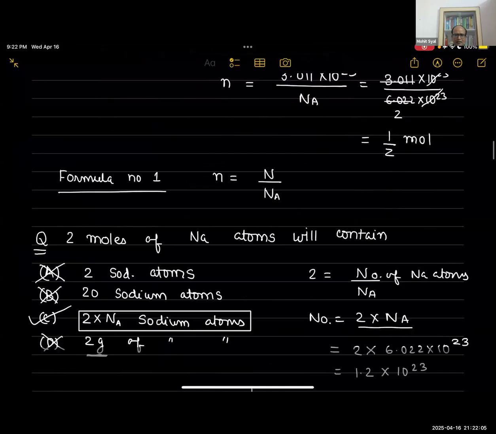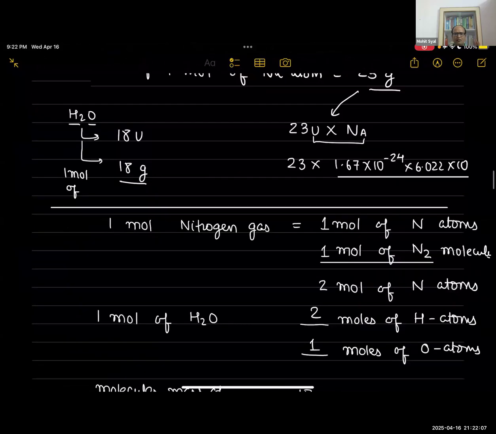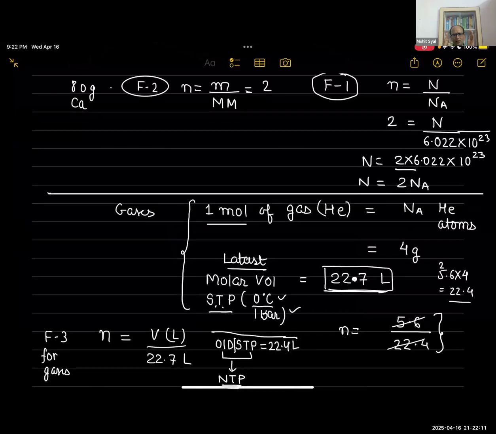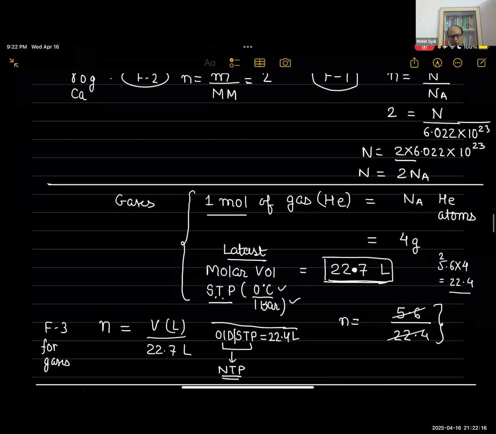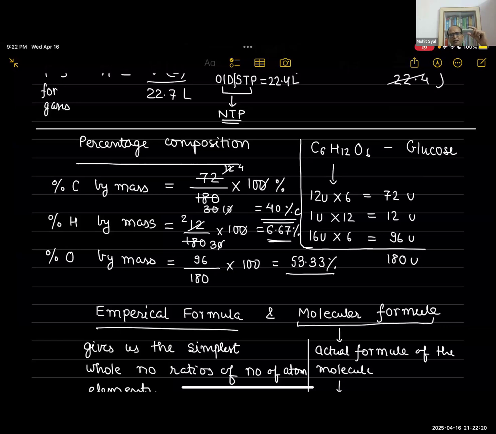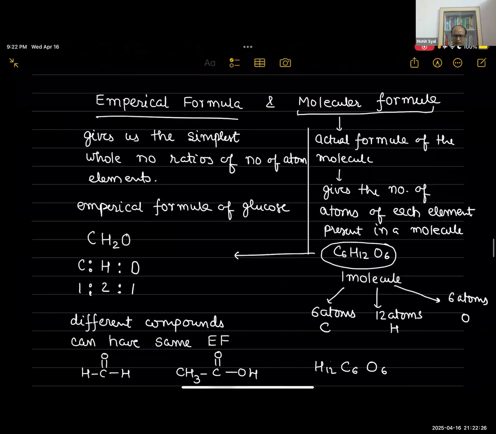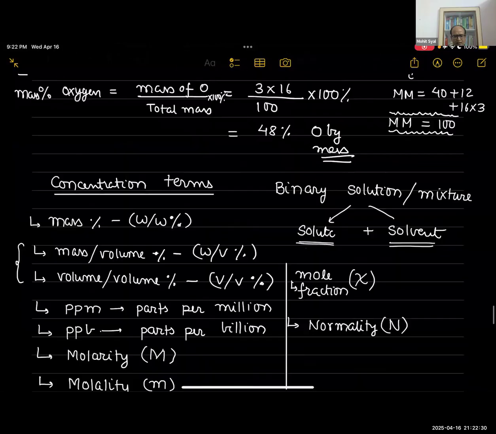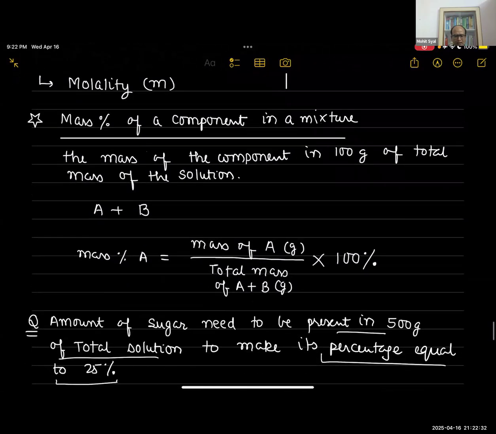Mass percentage is actually the mass of a substance present in 100 grams. How much is present in 100 grams? That I told you: mass of A divided by total mass, upon 100, right? That we discussed.